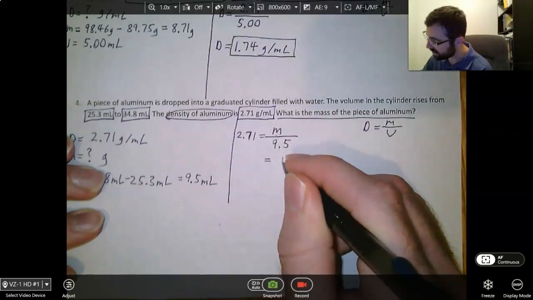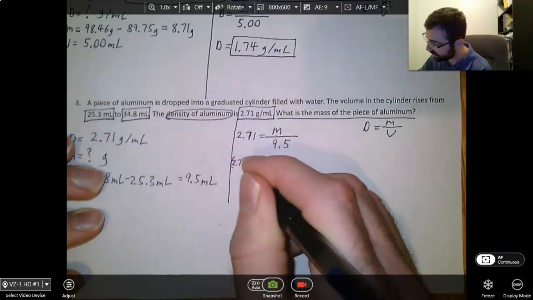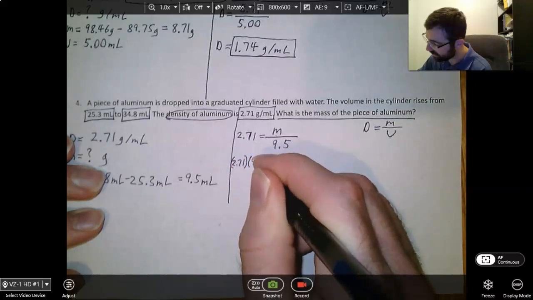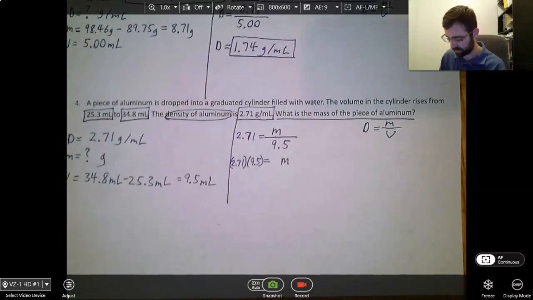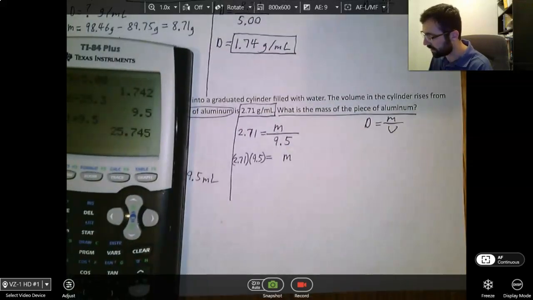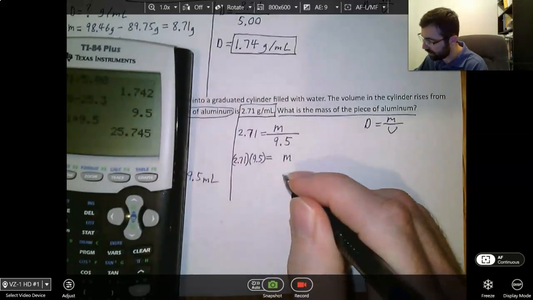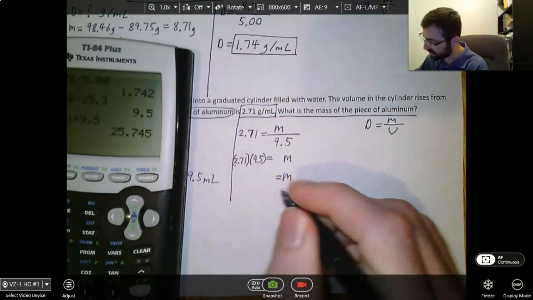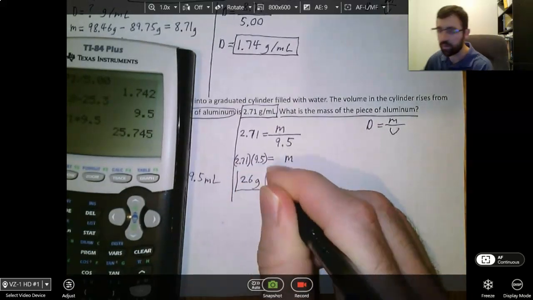So mass equals 2.71 times 9.5. And I get 25.745. I want to round to only 2 sig figs because I'm multiplying those two numbers. So my mass is going to be 26 grams. That's the final answer for that question.